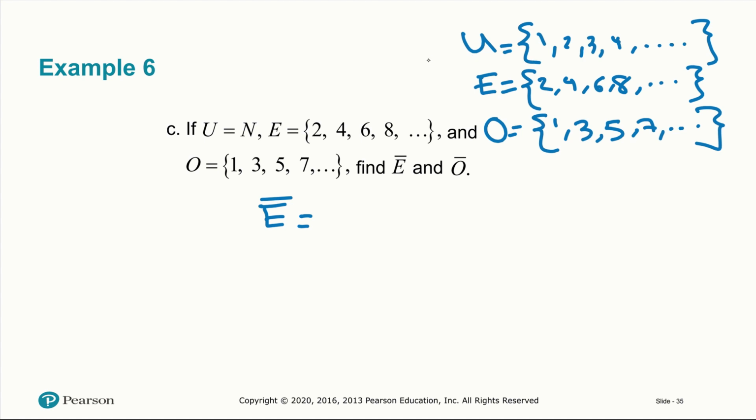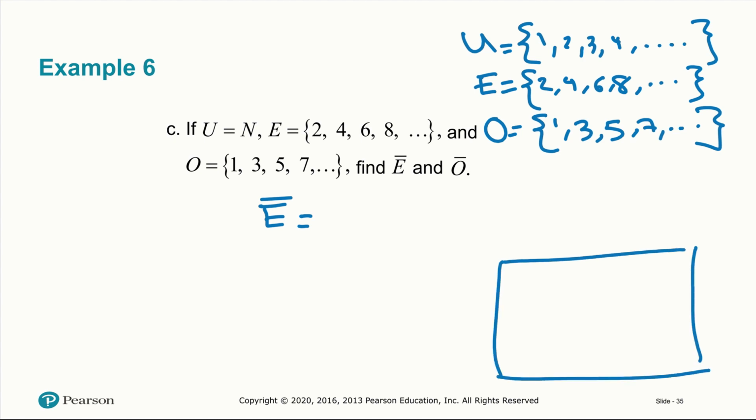Now if you were to draw this using a Venn diagram, it would be kind of similar to this. Notice that together, however, they comprise the entire set, right? So it's kind of like broken into two parts, right? You have E on one side, you have O on the other side, and you have U, right?